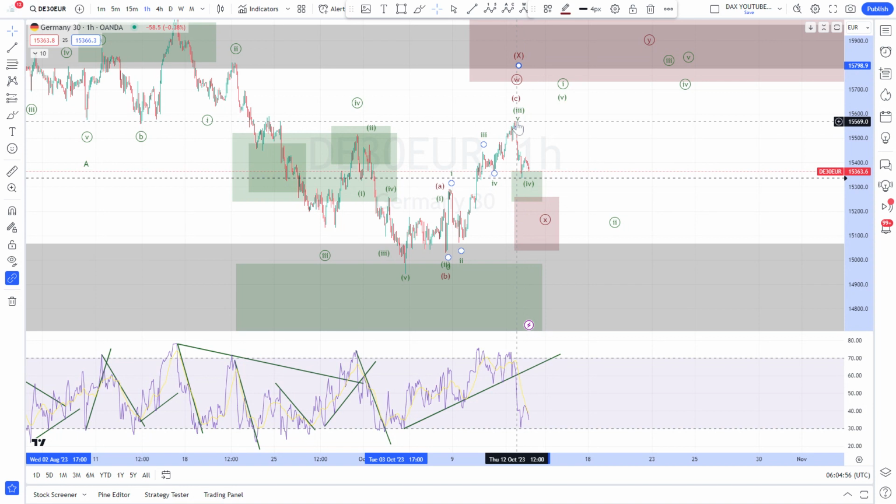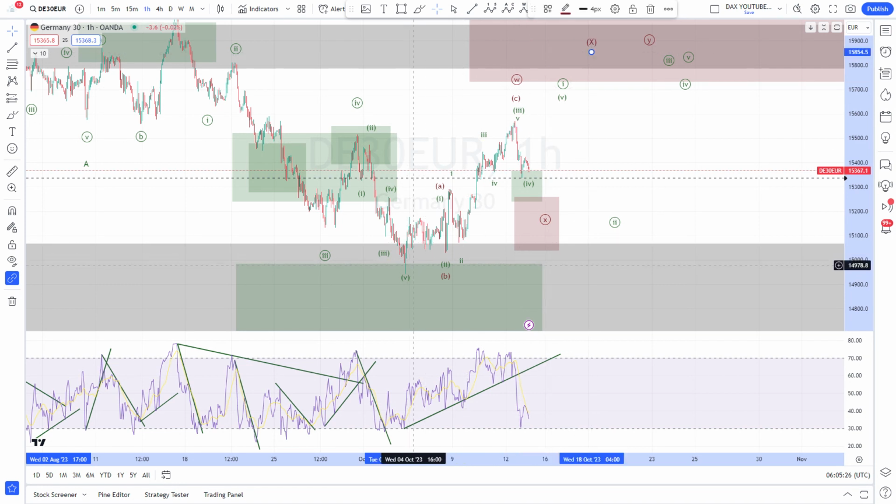To call for this, I rely on the Nasdaq, which reached the wave X area and has actually a similar count as the DAX for the moment. So that could be something that plays out. And if this is the case, then we will not hold this low here. We will just come down and start the Y leg as a corrective structure.